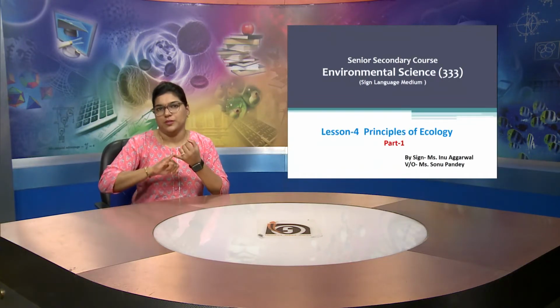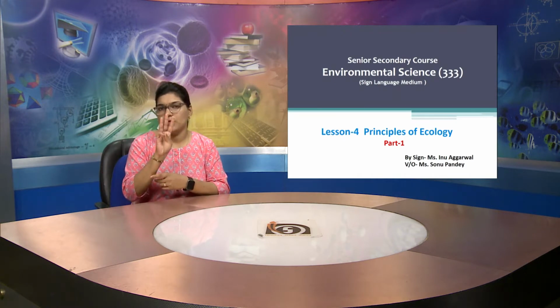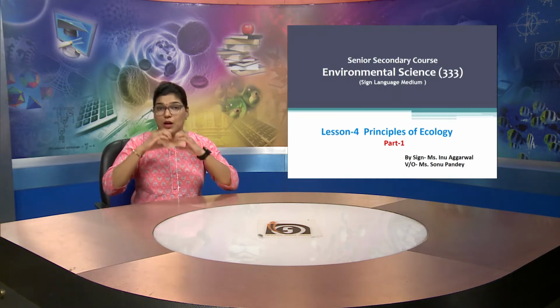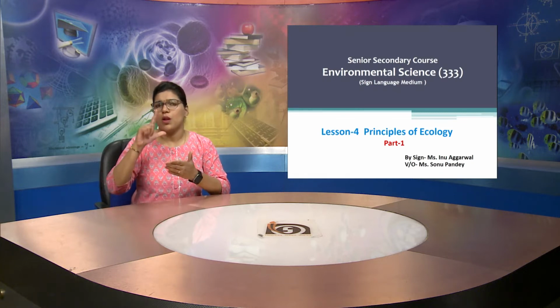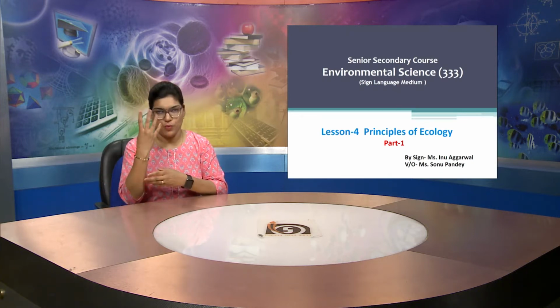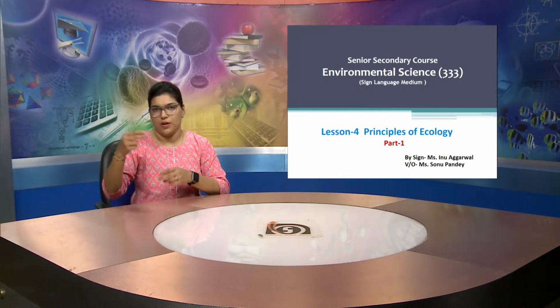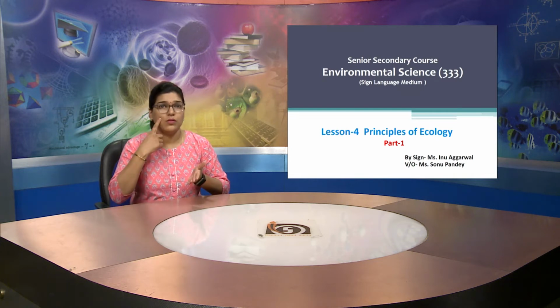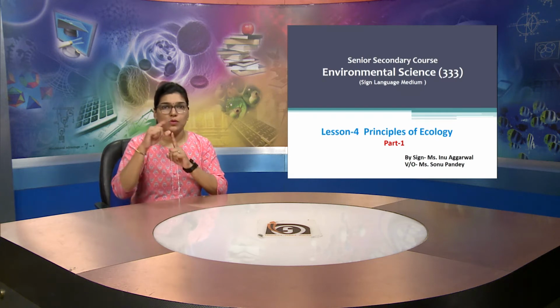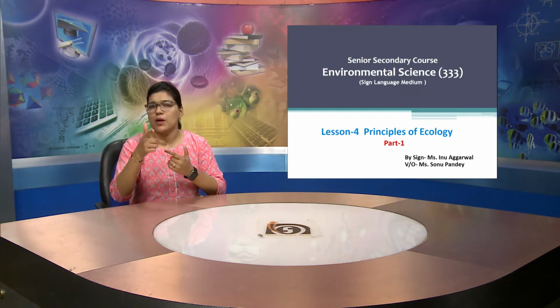Today's subject is EVS. Code number for this subject is 333. This is for senior secondary level. We are doing lesson number 4 and the topic of the lesson is shown on the screen. It is Principles of Ecology.